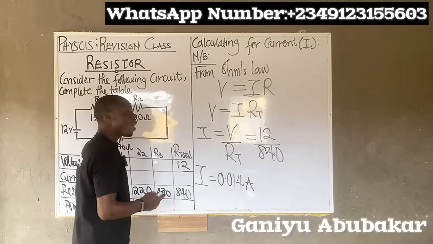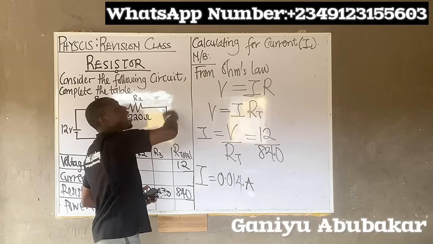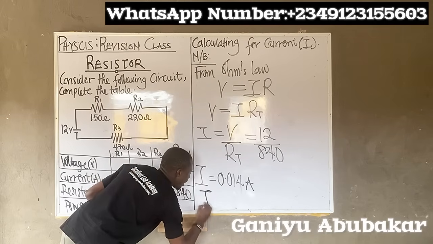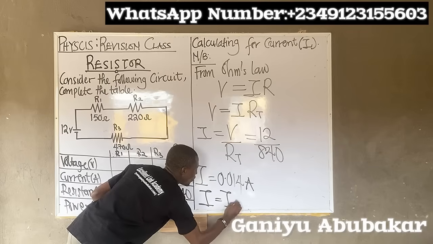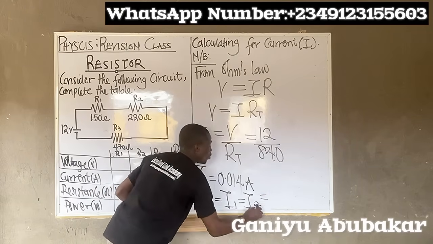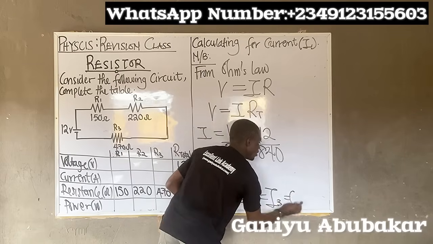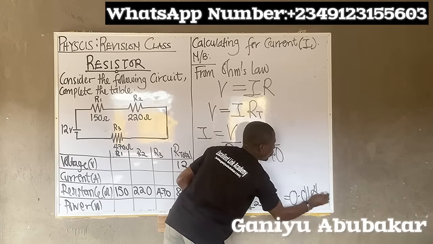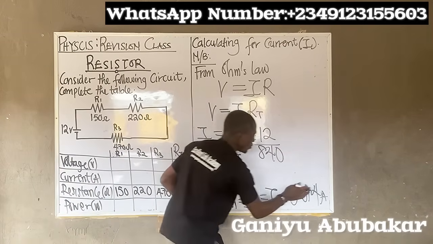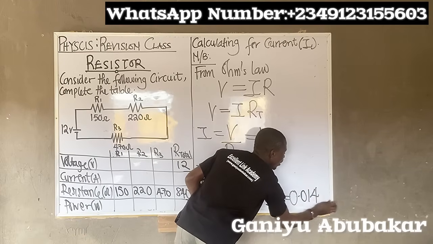Why are they the same value? Because we said when resistors are in series, the same current flows through them. So I'm saying that I is equal to I1 equal to I2 equal to I3, equal to 0.014 ampere.